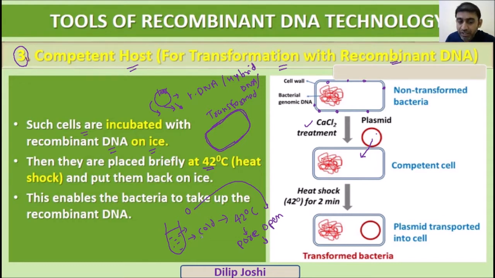Again this test tube is taken to a cold temperature: cold, then heat, then again cold. Why is the cold treatment given again? So that the pores which were opened because of the heat shock are going to close again. Here is hot, here is cold, here is also cold treatment.